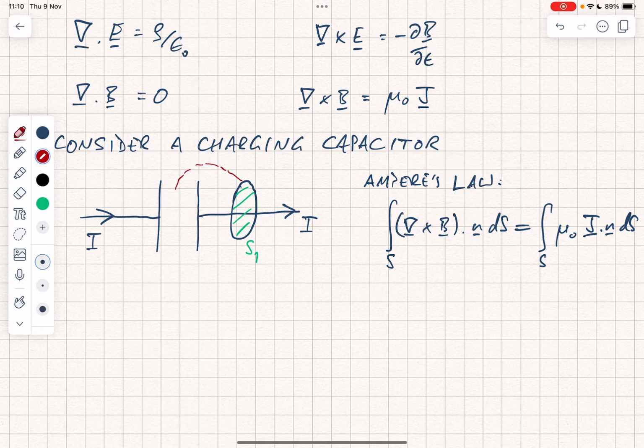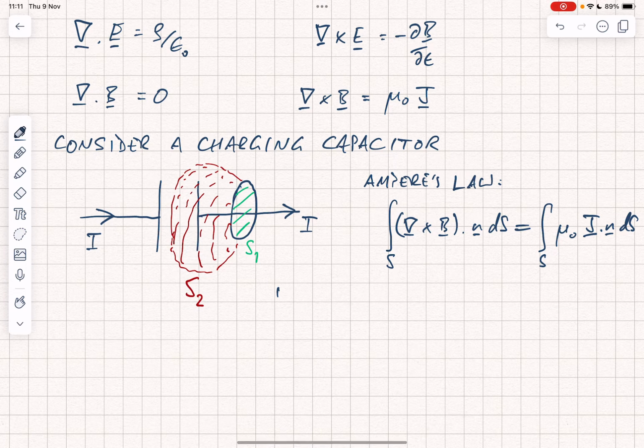So I'm going to try and draw that here. Here is our surface which is billowing out, and that's going to be a sort of half sphere, if you like, which I'm trying to indicate by these dotted lines, and that's going to be surface S2. And notice, please, that both surfaces are not closed.